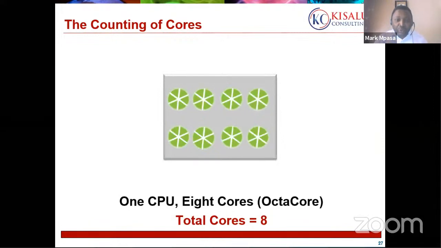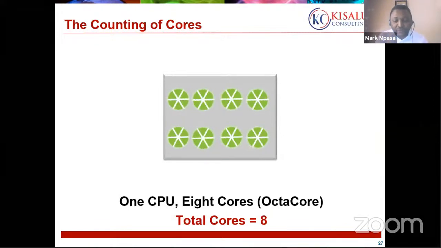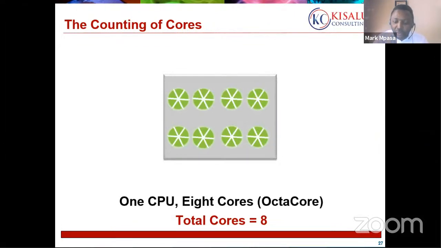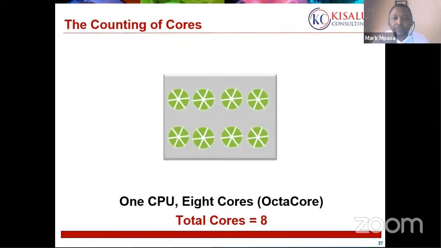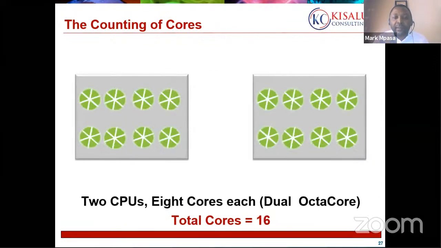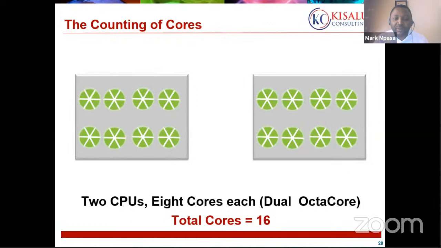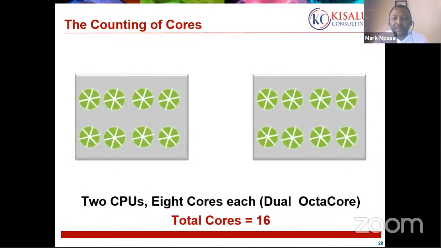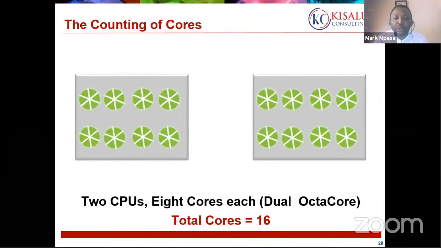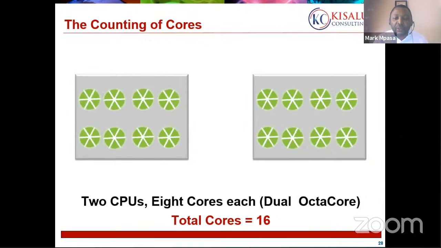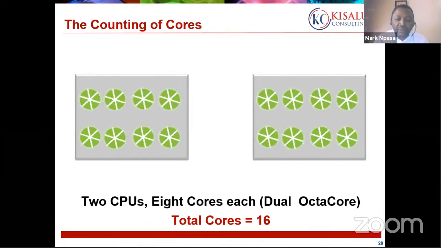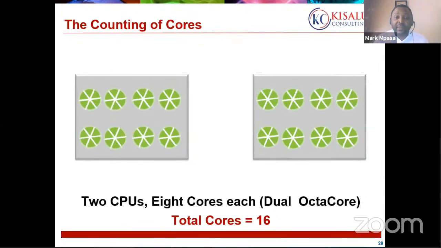On that chip, they could slot 8 cores, which is an octa-core. This system will then be licensed for 8 cores. Same, we have 2 CPUs, each of them has 8 cores, and the dual octa-core will be licensed for 16 cores.